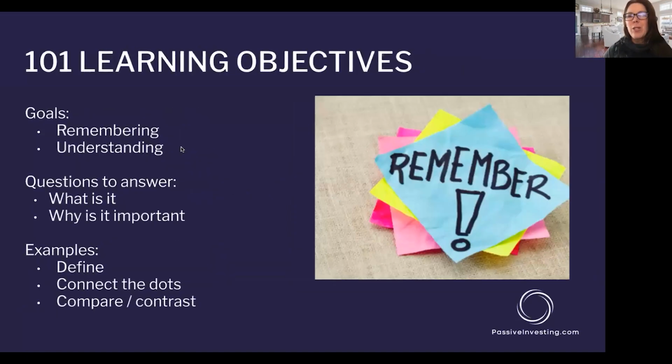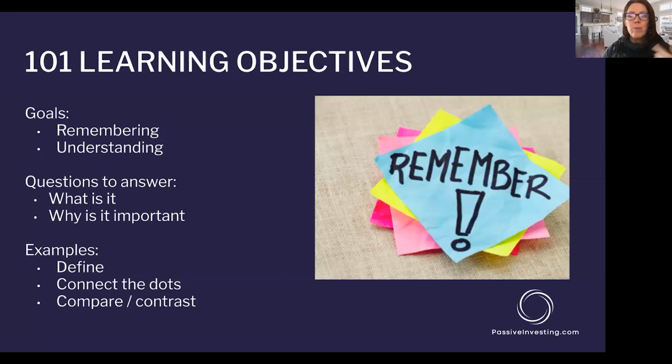All right. So when you break down learning objectives for each one of these levels, the 101, 201, and 301, let's understand what our goals are at each level, what questions the content you create needs to be answering, and some examples of what kind of content you can create in this area.